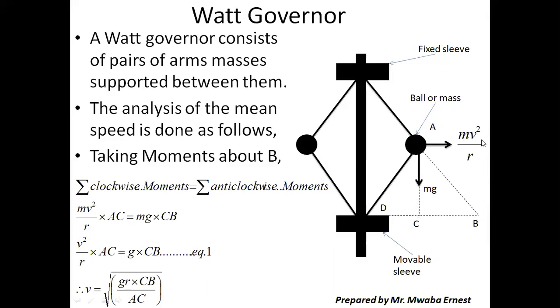So mv squared over r times the distance coming down here. Now we don't have anything here, which compels us to make use of this distance from here up to there, because AC is the same as the distance that we have from there up to this point. And that's why we have this here, mv squared over r times AC.